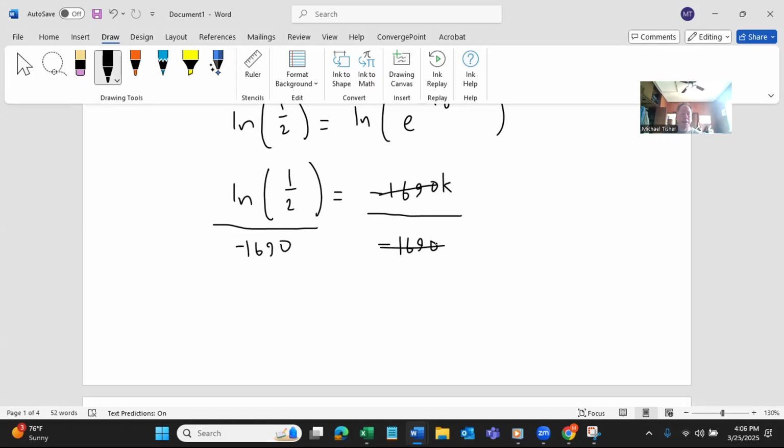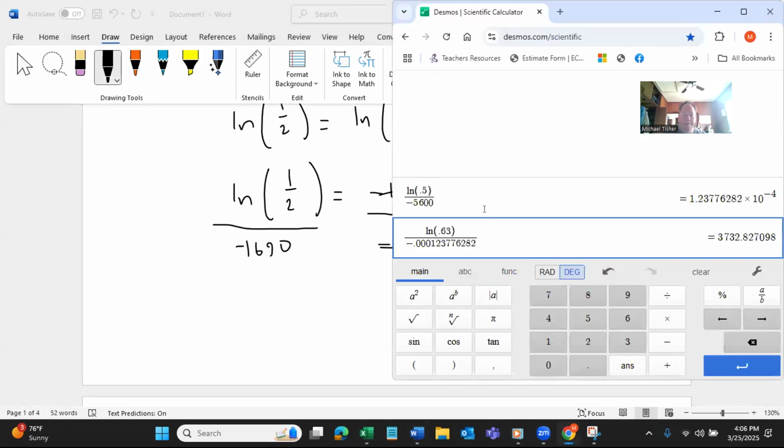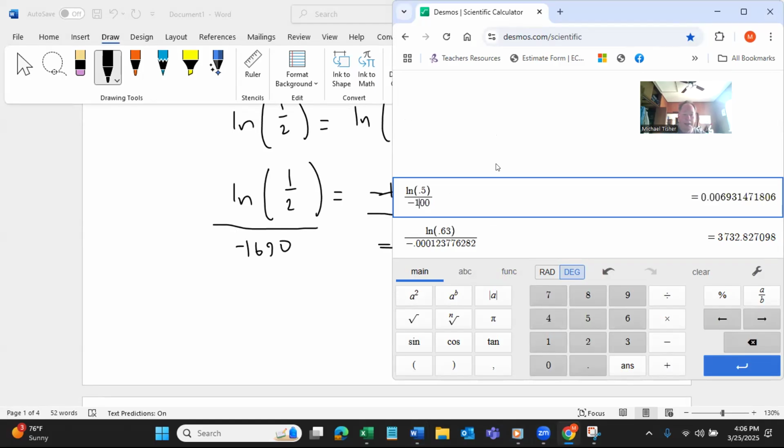So k is going to be ln of one half over negative 1690. Let's use a calculator to figure that out. One half is the same as 0.5, so we'll say ln of 0.5 divided by negative 1690.